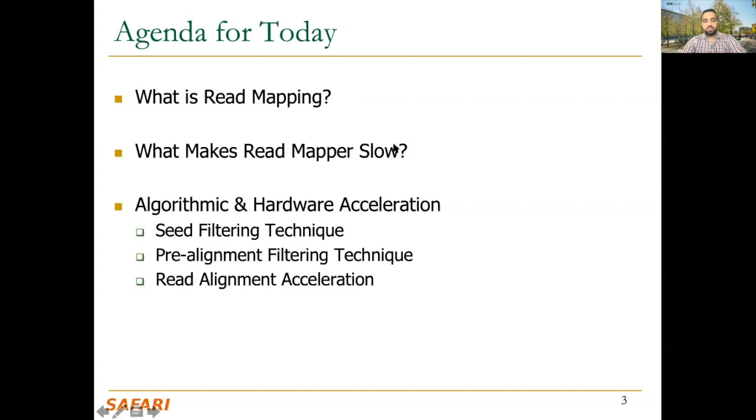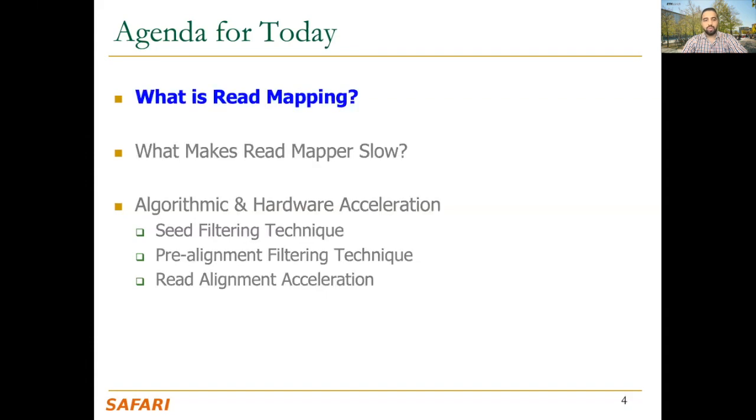Because of that, we have a step called read mapping, just because of that limitation of the sequencing machine. If we didn't have that limitation, probably we wouldn't have a read mapping step. For today, we'll explain what read mapping is, what makes read mappers slow, and we will go through algorithmic and hardware acceleration techniques, probably not during this lecture, but during the next few lectures, five to six lectures only on this topic.